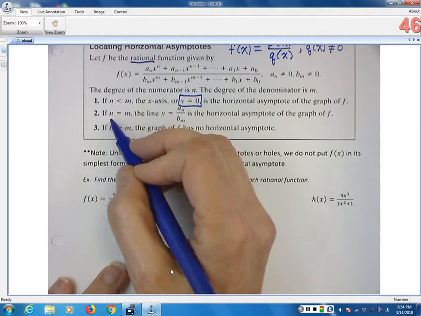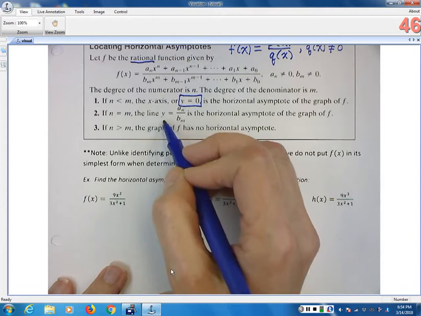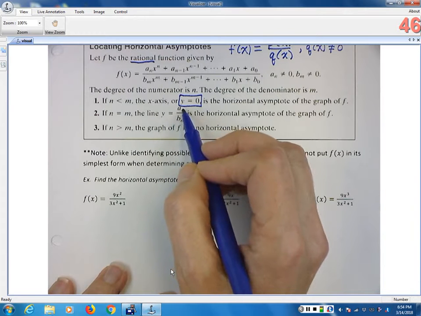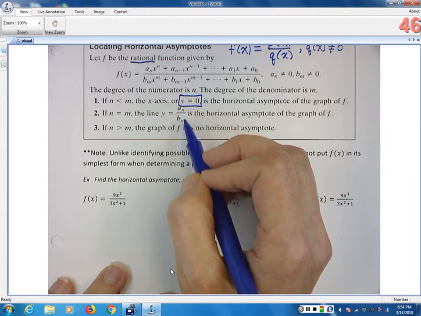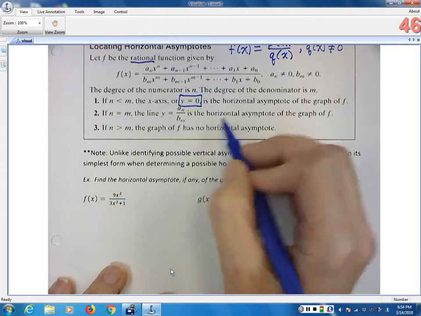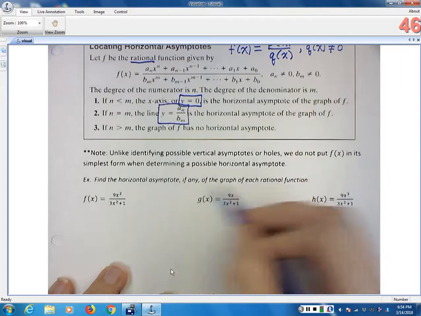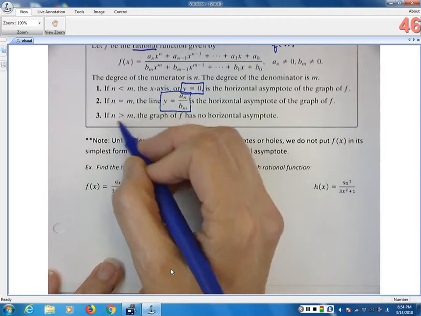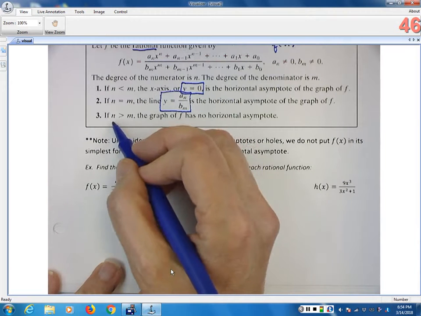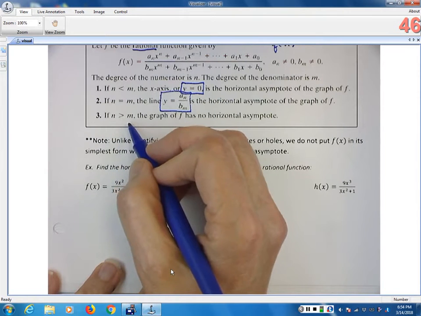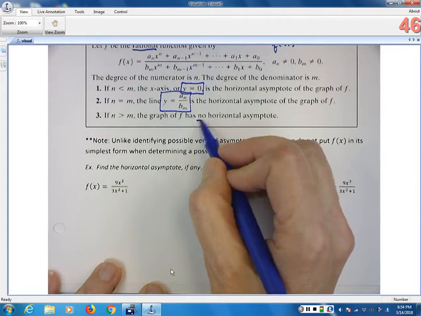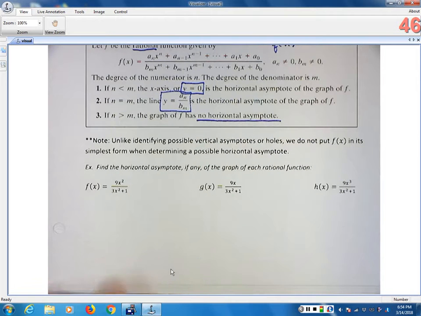If n equals m, then the line y equals the ratio of the leading coefficients of numerator and denominator is the horizontal asymptote. If n is greater than m, the degree of the numerator is greater than the degree of the denominator, the graph has no horizontal asymptote. So those are the three cases. We're going to have the three cases as examples.